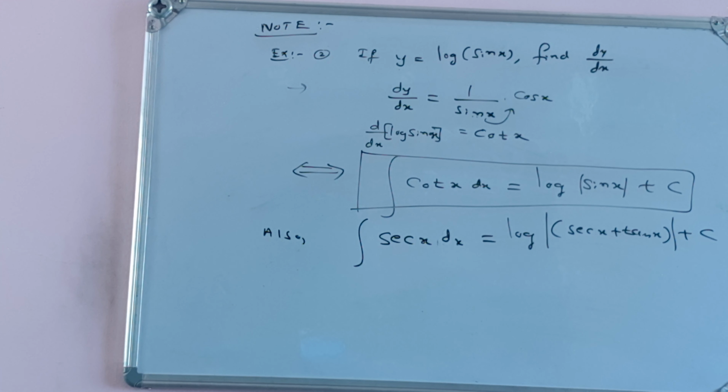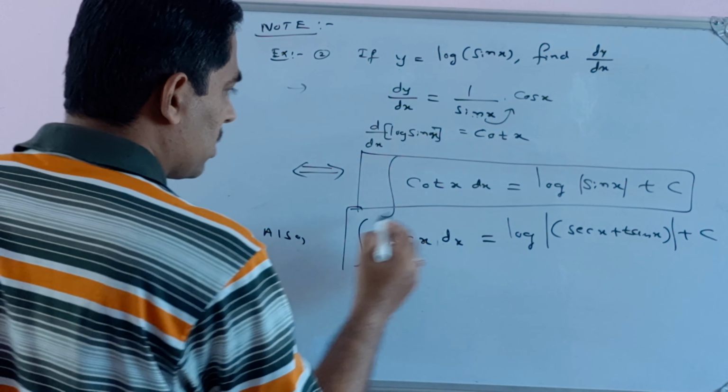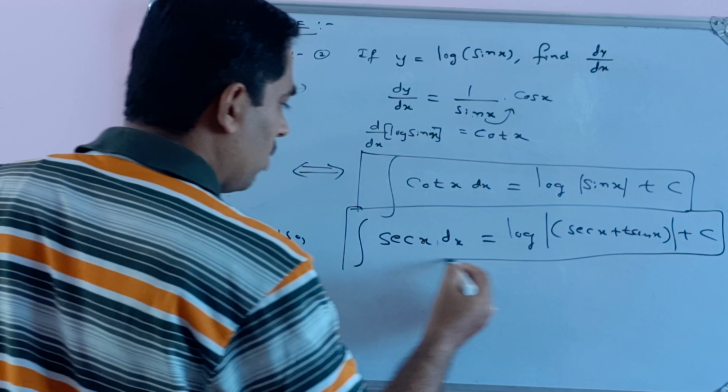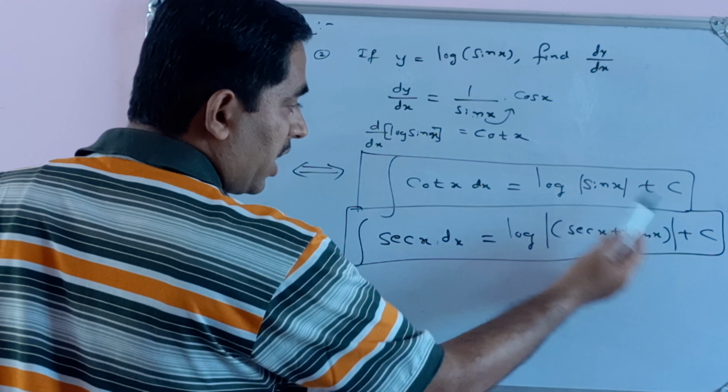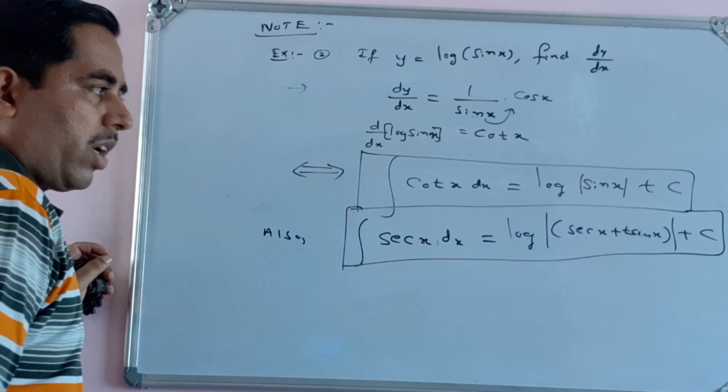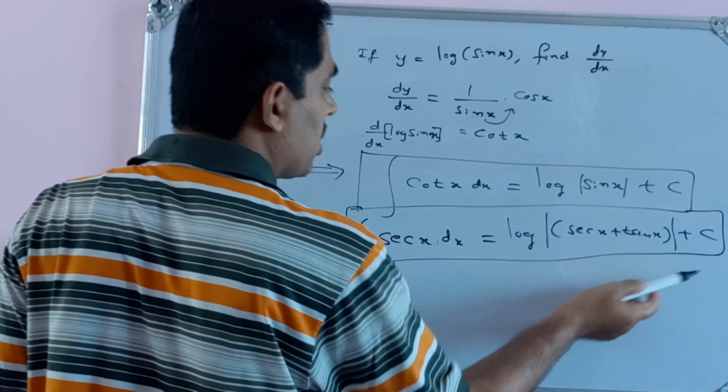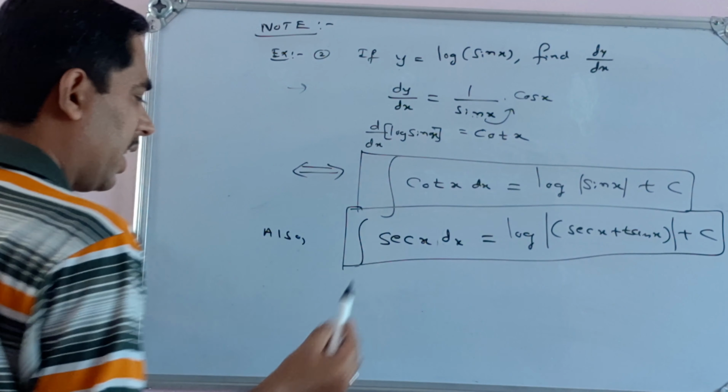This is integration of secant x, and this is also one of the results. We can verify it: if we differentiate the right hand quantity, log of secant x plus tan x, we get secant x.